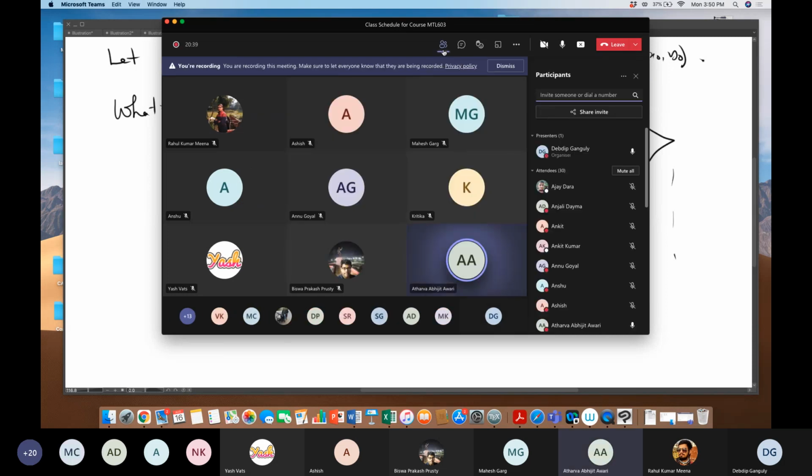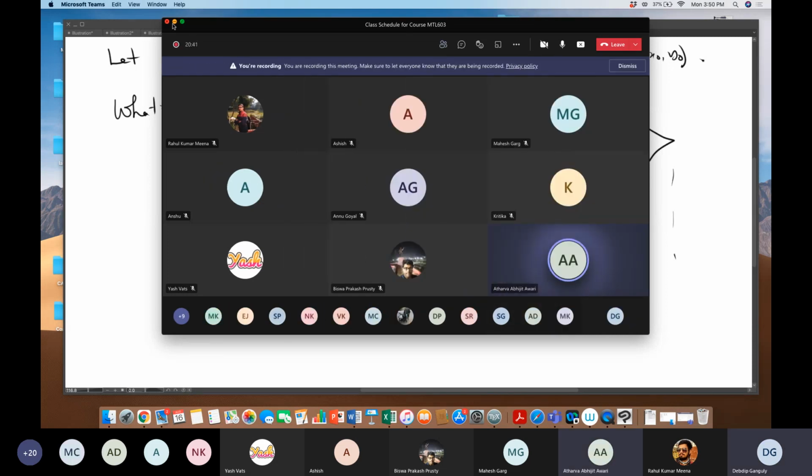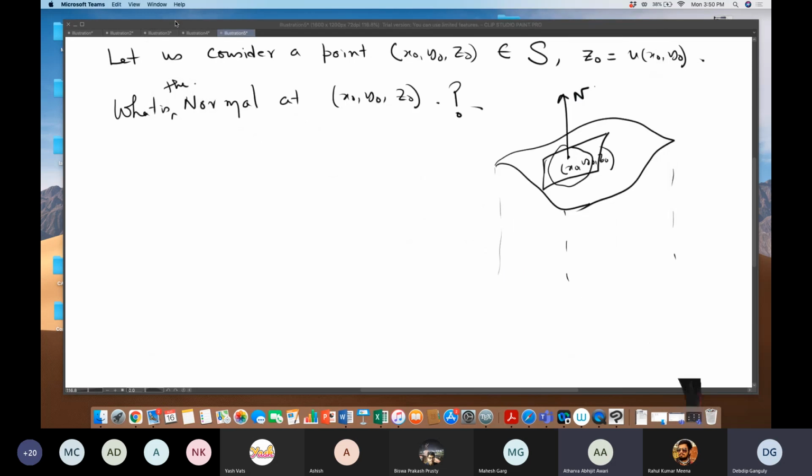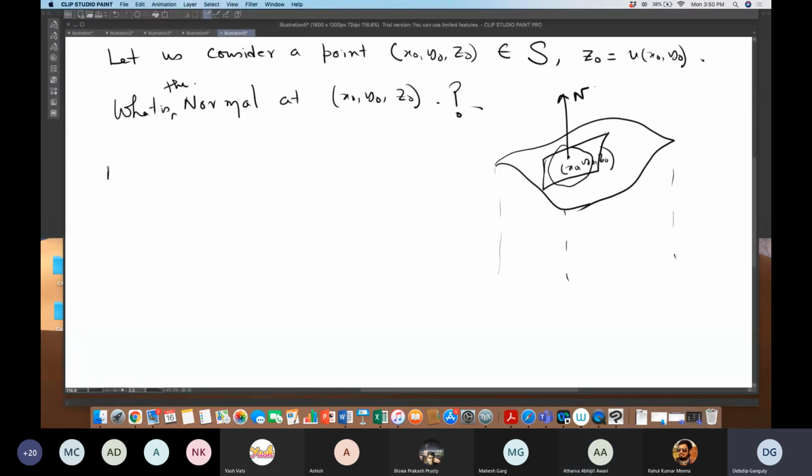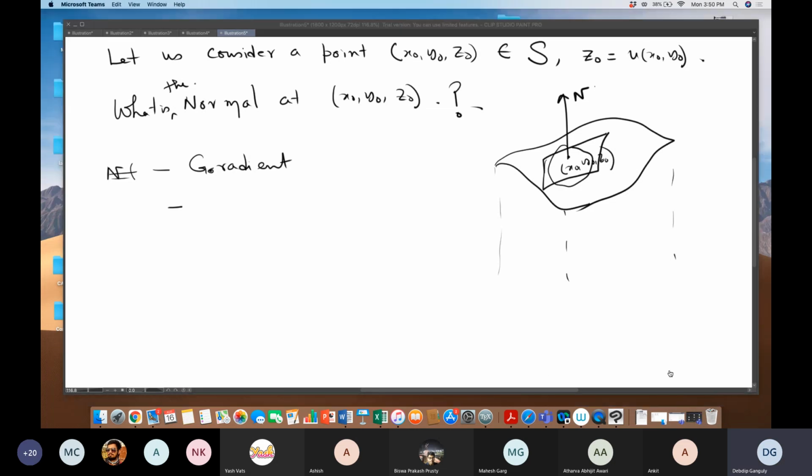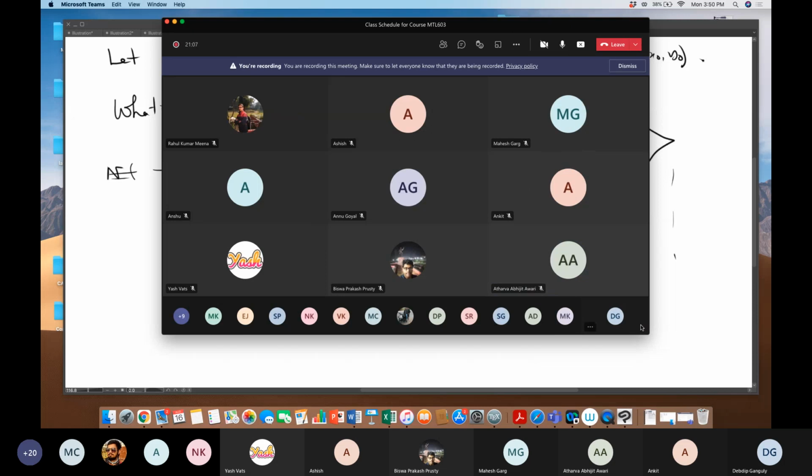Partial derivatives, like u x, what is the meaning of partial? Yes, very close. Gradient. Someone says gradient, another says partial.